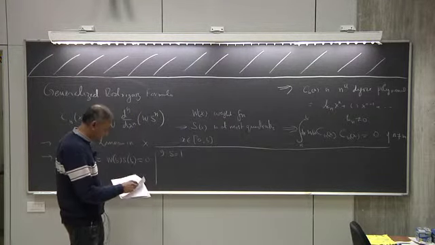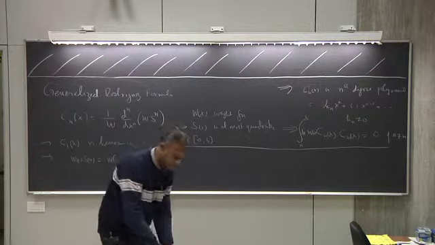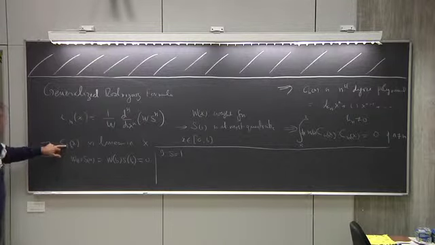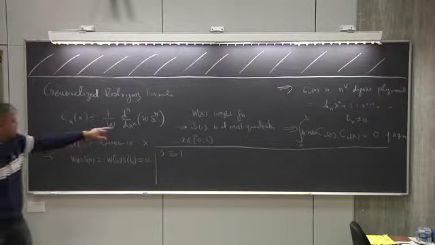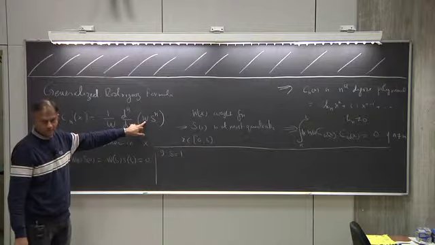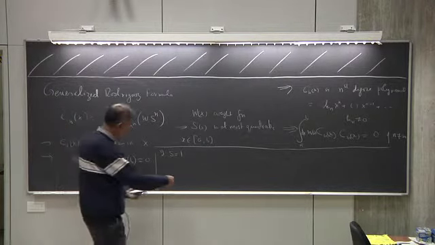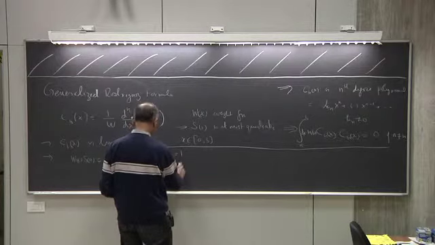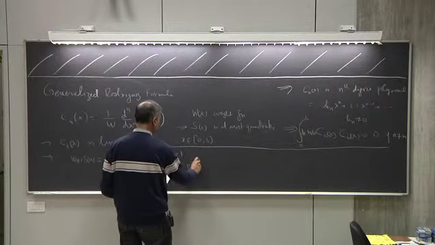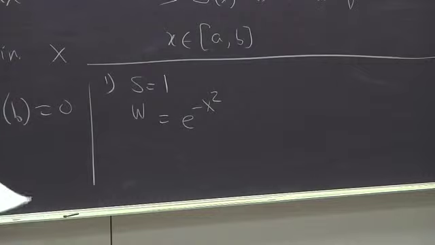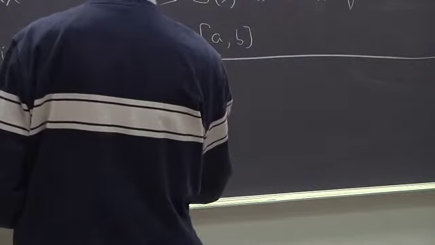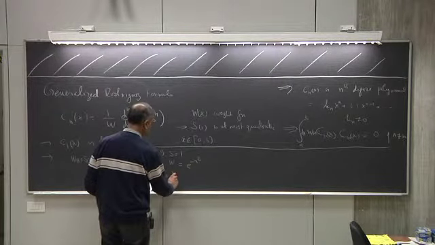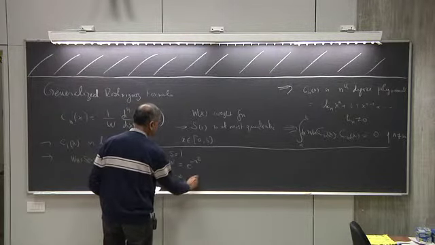In this case, the requirement that C1 of x is linear gives you a condition on w, and from that you find that w of x is e to the minus x squared, and x belongs to the interval from minus infinity to plus infinity.